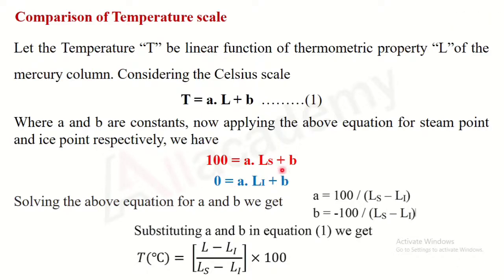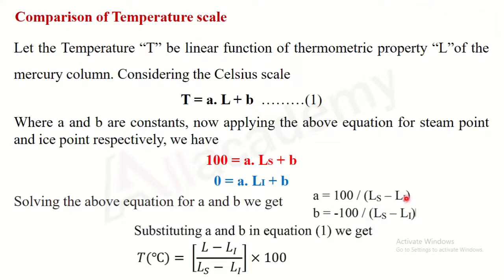After simplifying, we get the constants A equal to 100 divided by Ls minus Li, and B equal to minus 100 Li divided by Ls minus Li.